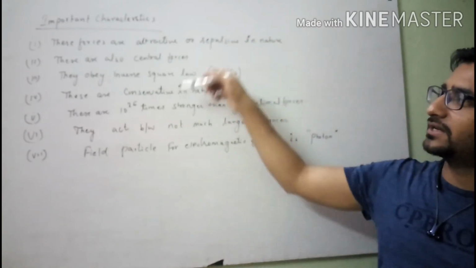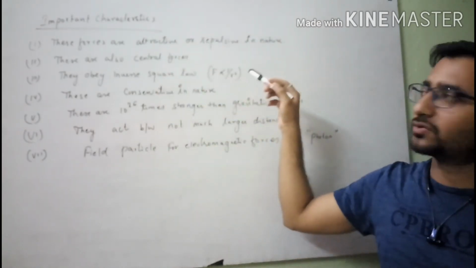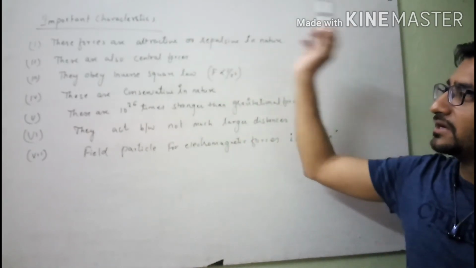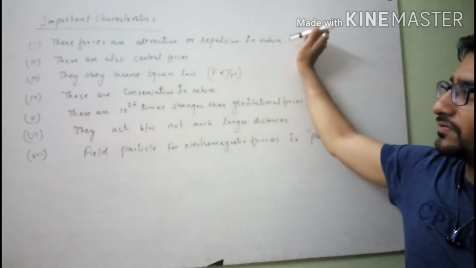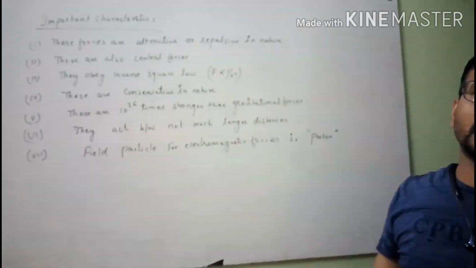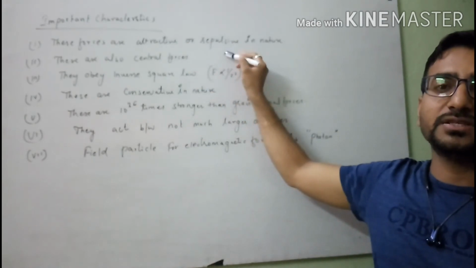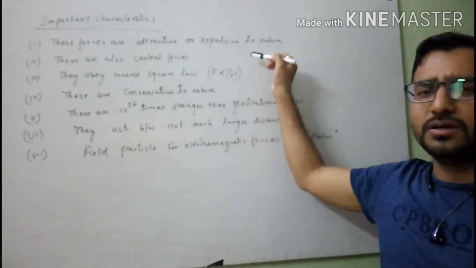So here I have written some points regarding the electromagnetic forces, which are called important points. First, the forces are attractive and repulsive in nature. It means it depends on the nature of charge.